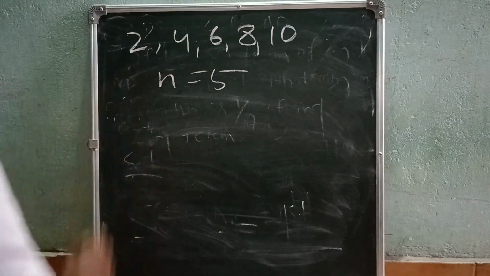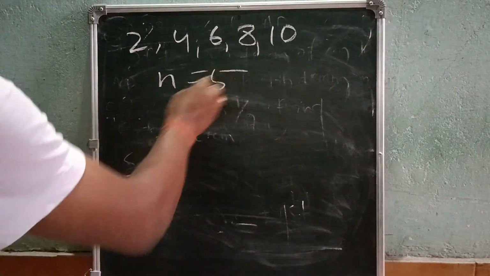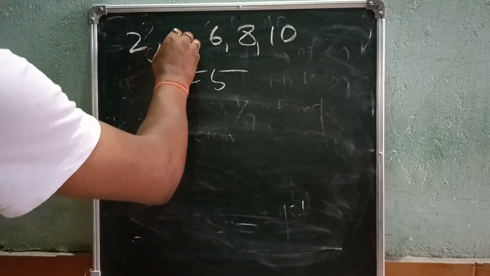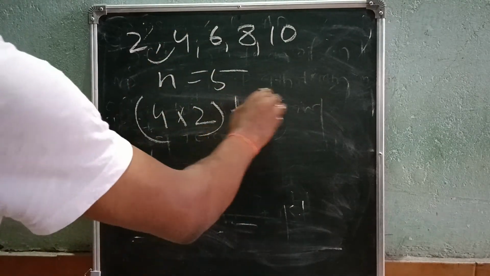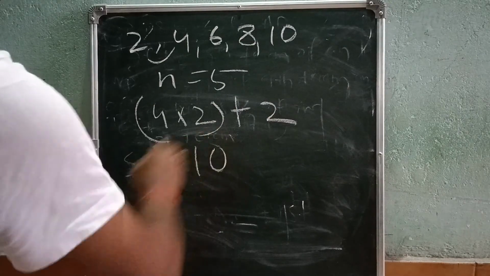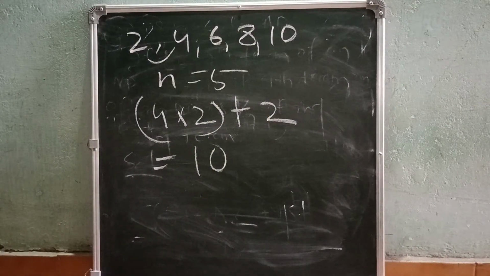Whatever the number of terms, you just subtract 1. So 5 minus 1, 4, into the difference, which is 2, plus the first term. So the answer is 10. You see, this is very easy.